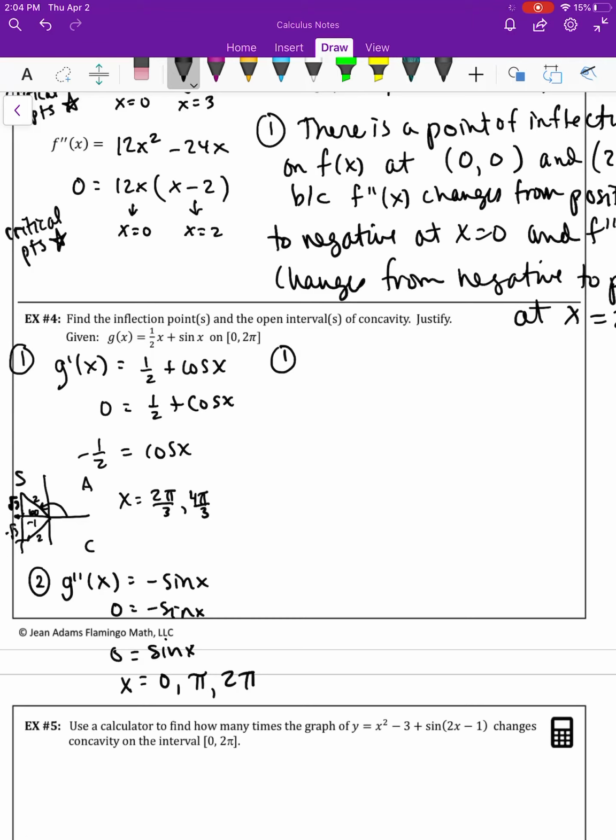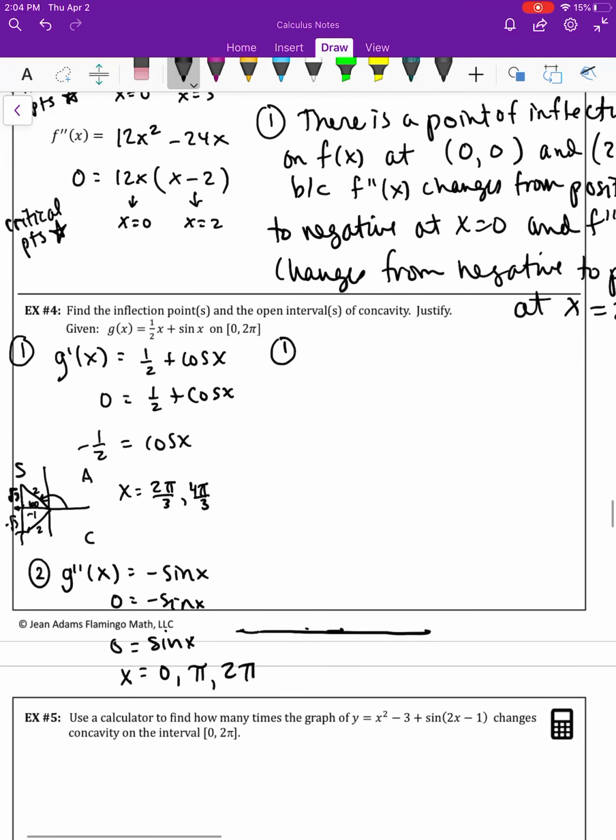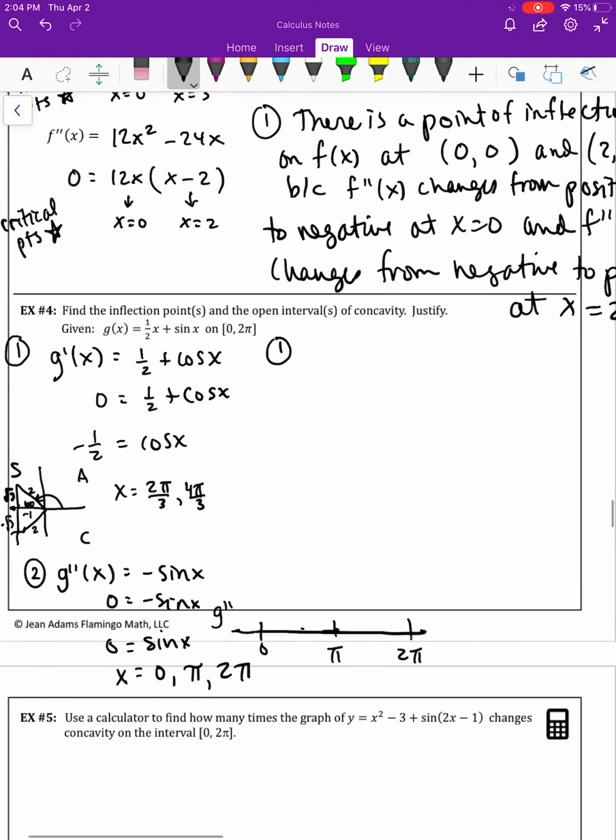So first thing that we're going to look at is our sign chart, because they want us to give points of inflection. So let's make a sign chart. We've got our 0, we've got our pi, we've got our 2 pi. We're going to be looking at g double prime. I'm going to go ahead and pick a point in between to test.